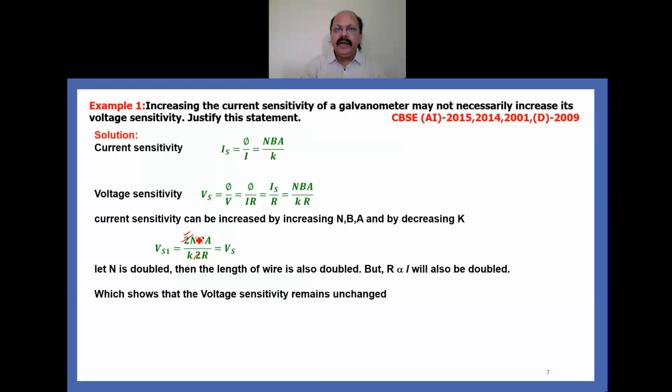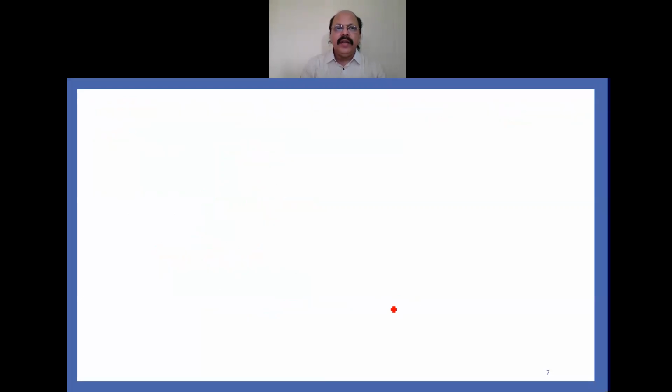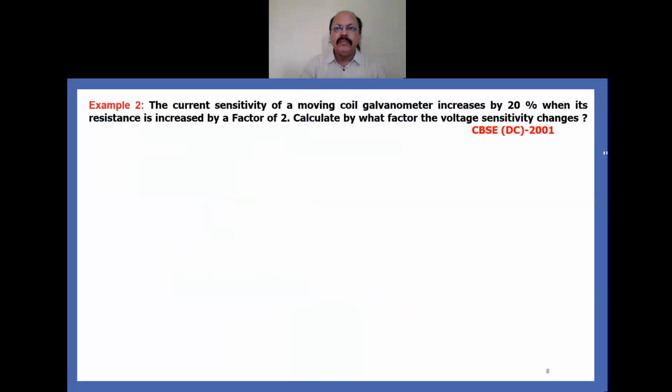Finally again you get NBA upon Kr, which is equal to Vs. So it means it is not necessary that if you increase the current sensitivity, the voltage sensitivity also increases. In that case the voltage sensitivity remains unchanged. Clear?